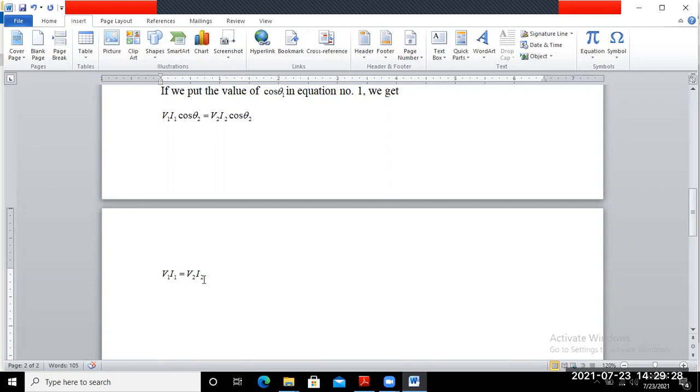Or, if you divide V2 by V1, it is equal to I1 by I2.